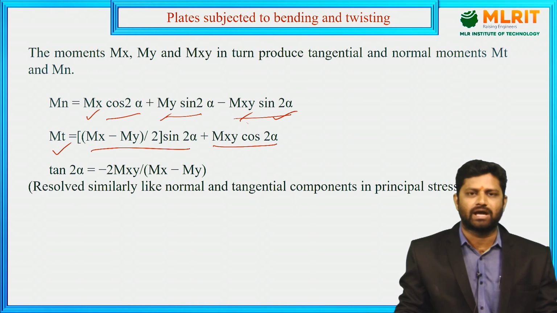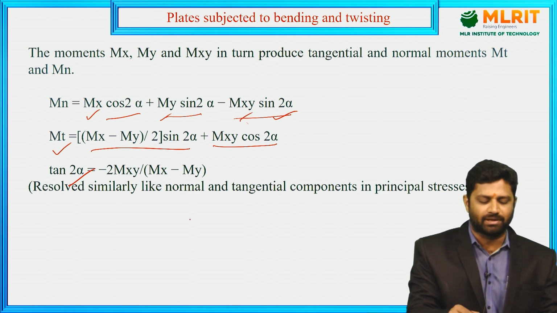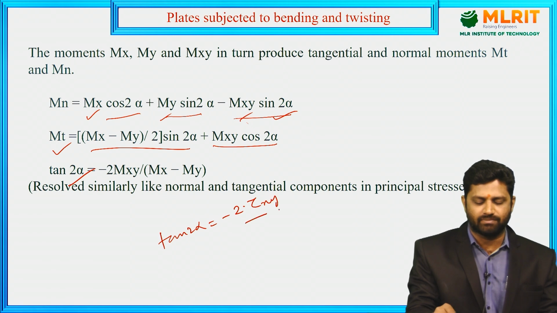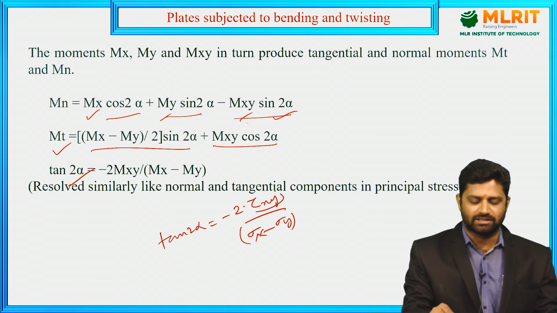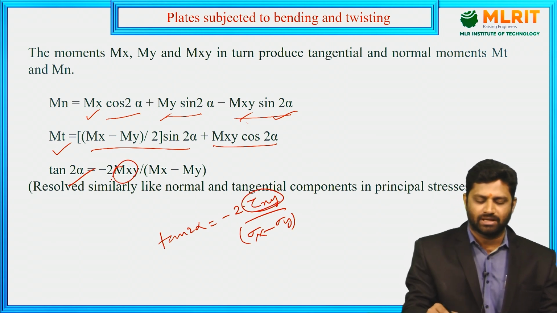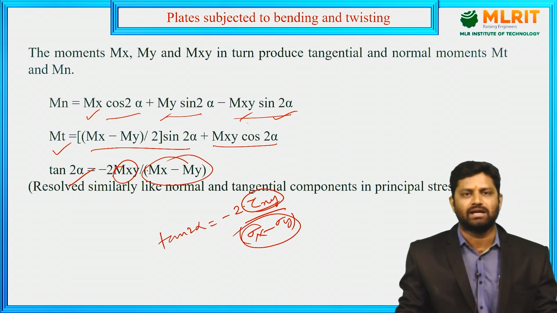We also have the angle of the plane, tan 2 alpha equals minus 2 tau xy by sigma x minus sigma y. Here tau xy is replaced by mxy, and sigma x minus sigma y by mx and my, rewriting the formula for tan 2 alpha.